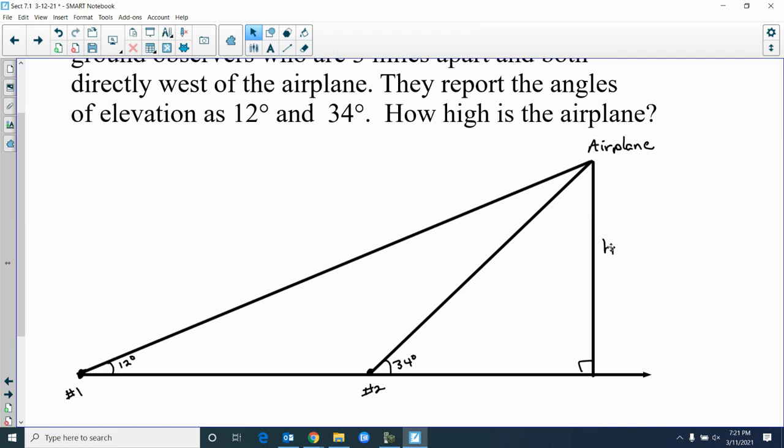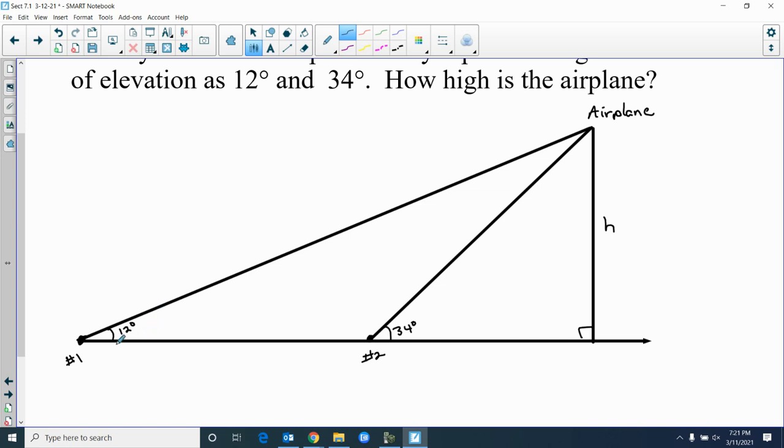Okay, to solve this problem, I got to find H. I don't necessarily have enough information to find H directly. I'm going to have to do this in 2 steps. They say these 2 observers are 3 miles apart. That means this distance from here to here is 3 miles. I know this is 12. If this is 34, these 2 have to add up to 180.